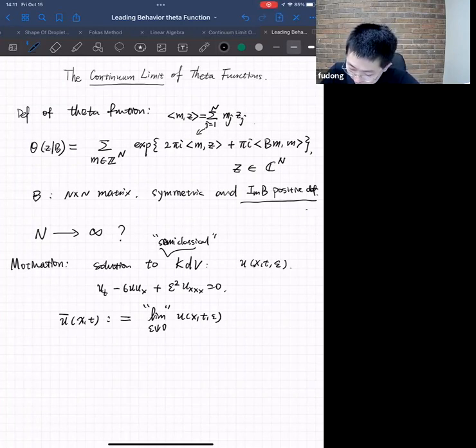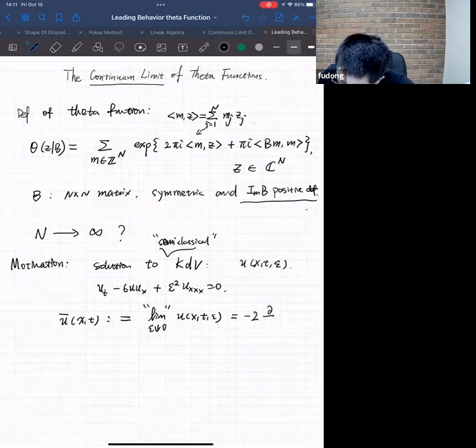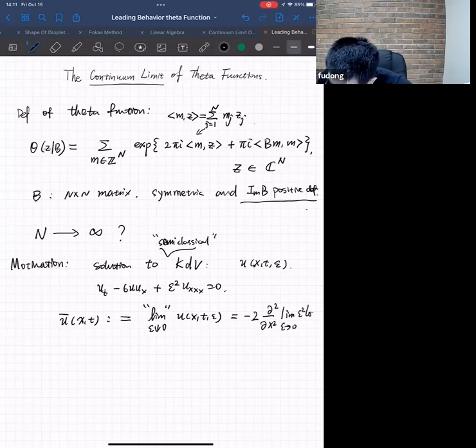But this kind of distributional limit exists, and this limit you can represent by the second derivative of epsilon squared log theta.